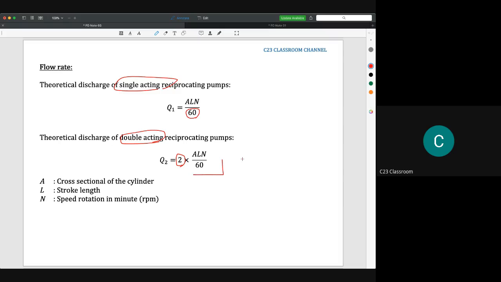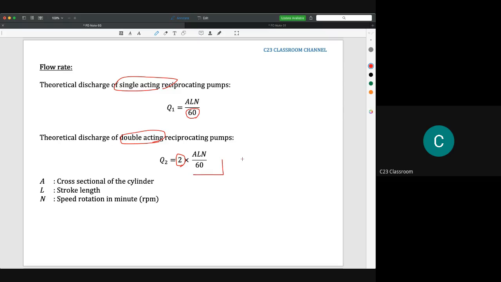Normally, we will discuss the piston pump. If you have a problem about the lobe pump, the gear pump, and so on, the first thing you need to do is understand how to derive the equation to calculate the flow rate.